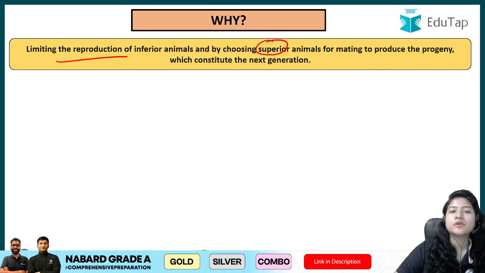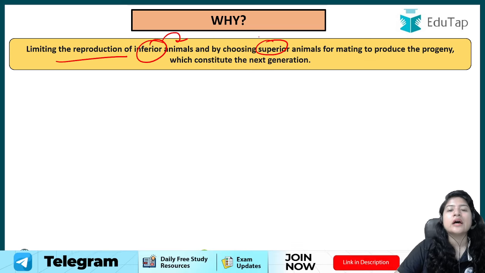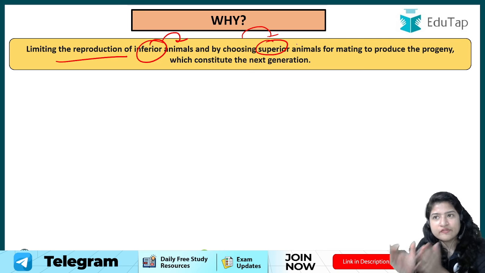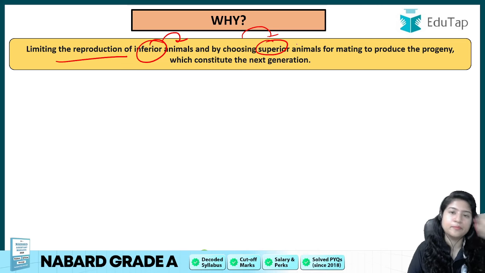So we limit the reproduction of animals with inferior genes, and crossbreed them with other such breeds so that we get superior animals in the progeny. Sometimes, not always, inferior animals are mated with superior ones to get better progeny.